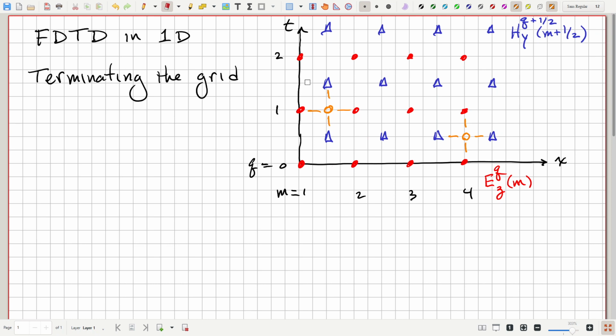Now, this breaks down over here. If we want to go from this value of HY to that future value of HY, we would need a central difference about this point, and we would have a central difference in time, but we have no point on the right, no electric field point on the right with which to make a central difference for the spatial derivative. So what do?